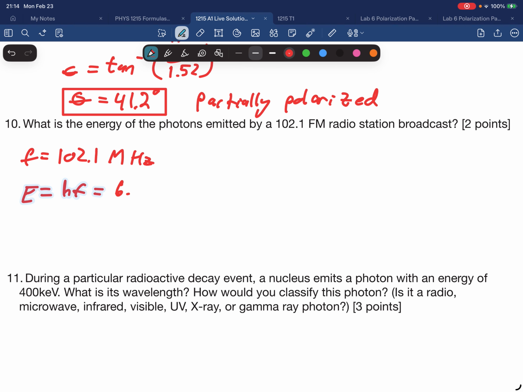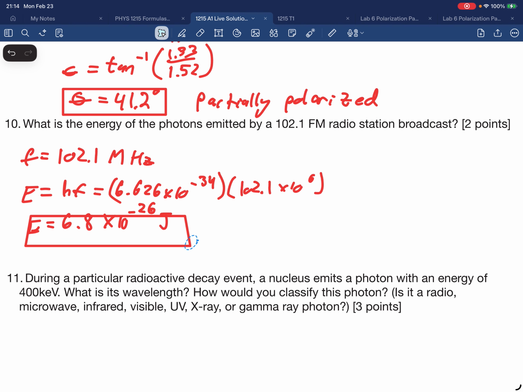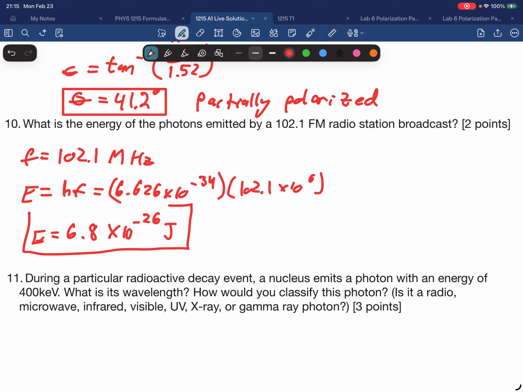So we're going to take Planck's constant H, 6.626 times 10 to the negative 34, multiply that by the frequency, 102.1 times 10 to the positive 6. And the energy here for number 10 is about 6.8 times 10 to the negative 26 joules. I did not specify what energy unit to put your answer in, so I am accepting electron volts or joules interchangeably.